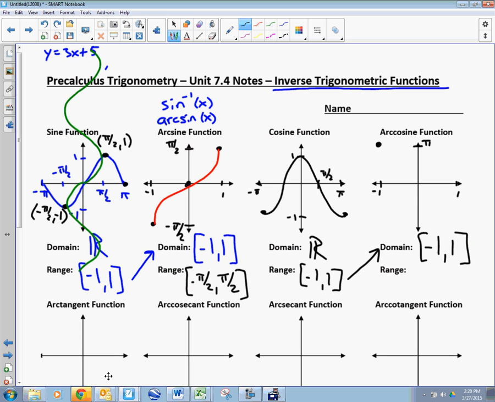This is pi over 2. The cosine of pi over 2 gives you, what's the 0? So therefore, the arc cosine of 0 gives you pi over 2. So if you plug in 0, you get pi over 2. And finally, the cosine of 0 gives you 1. Therefore, the arc cosine of 1 is 0.